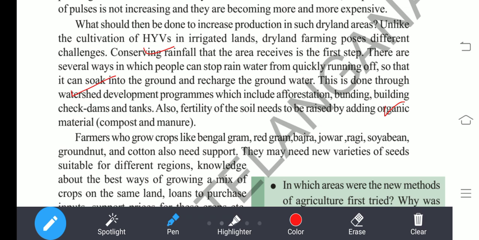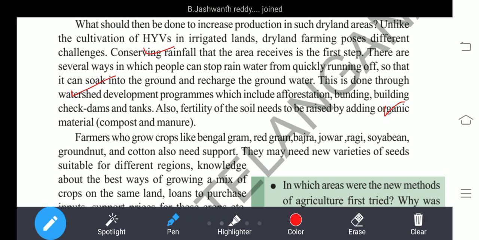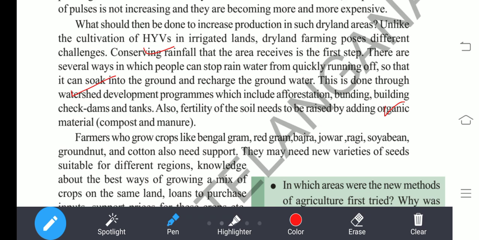So these are the programs or activities taken to conserve the rainfall. Understand? So the major challenge of dryland is conserving the rainfall. To conserve the rainfall, all these programs are carried out.